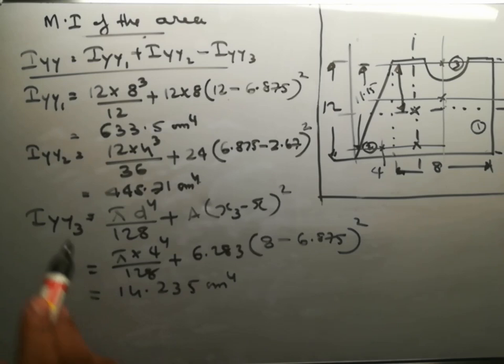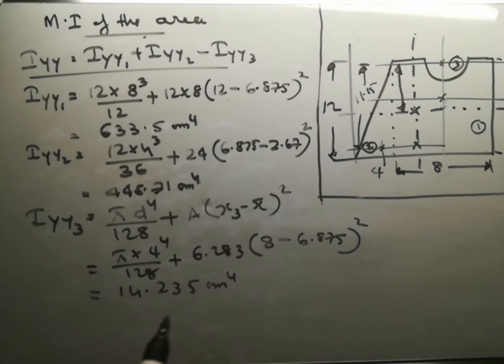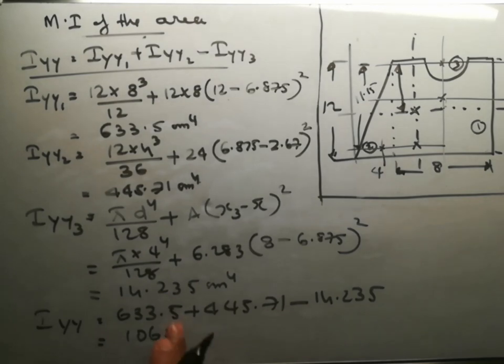So Iyy1 is 633, Iyy2 is 445, Iyy3 is 14.235. Therefore, the moment of inertia Iyy is equal to 633.5 plus 445.71 minus 14.35, and that is equal to 1064.975 centimeter raised to 4.